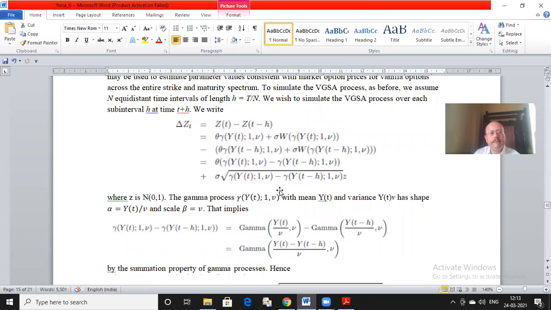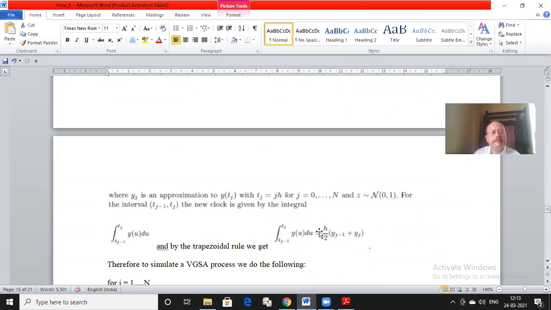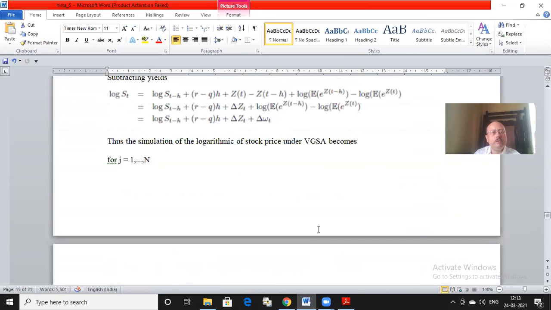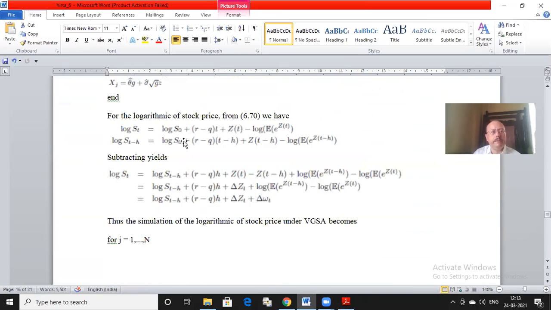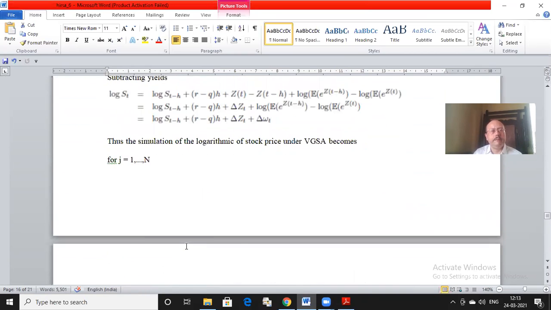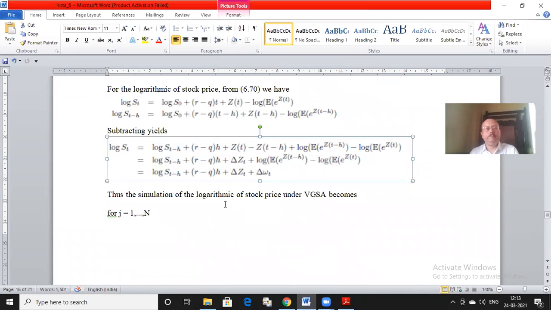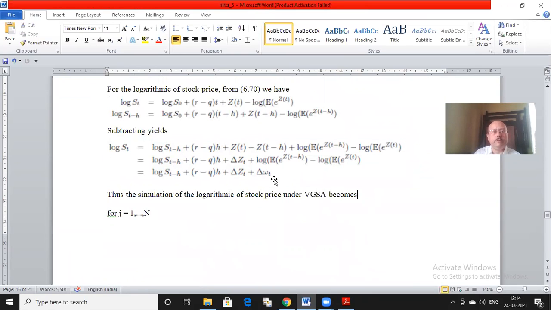So delta zt we get like this, and using that delta zt, finally the log stock price model here is given by this expression. I think this is the right expression. So this is just in terms of the difference of log st and log st minus h, which will be used for simulation.